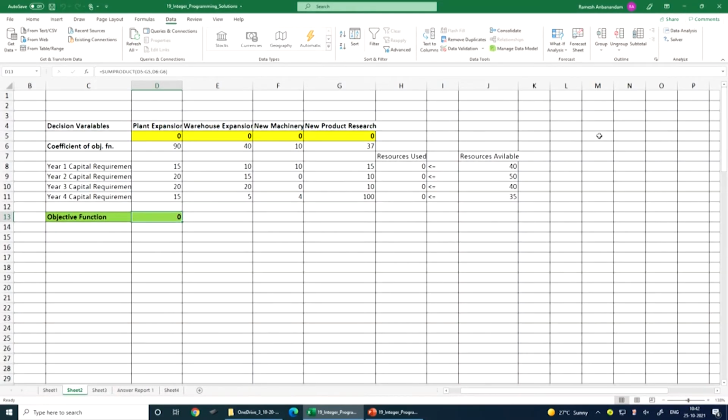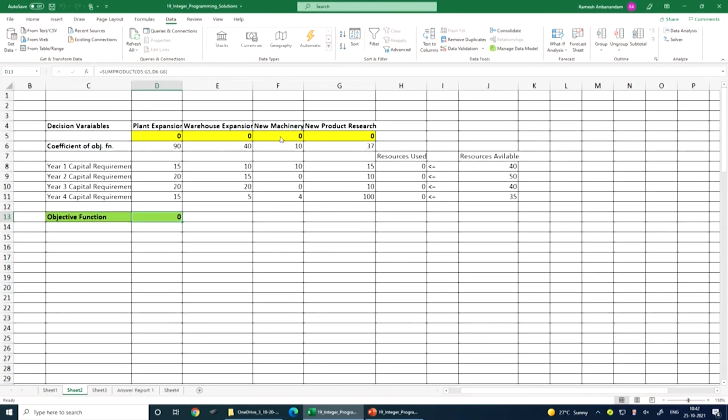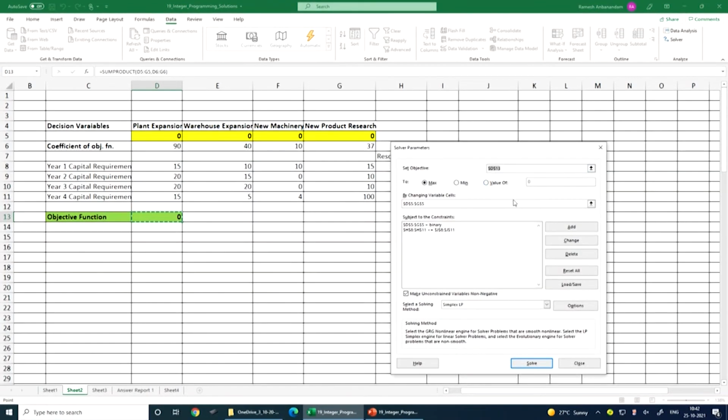Now, I am going to solve the formulated problem in Excel. So, there are 4 projects: plant expansion, warehouse expansion, new machinery and new product research. There are 4 constraints, one for each year. Now, go to Data and Solver. Here the objective function is maximizing the NPV.